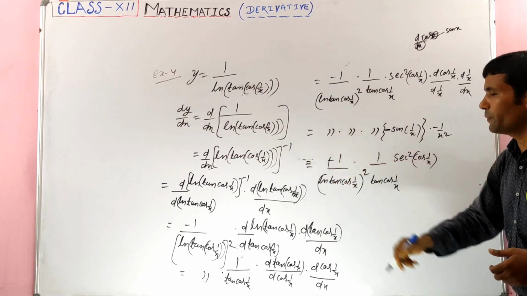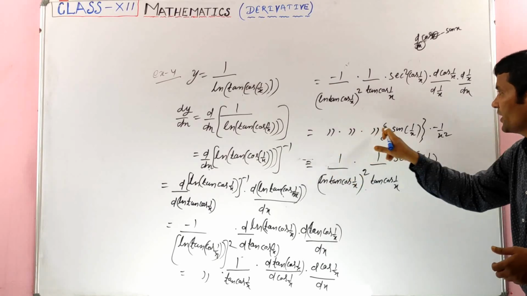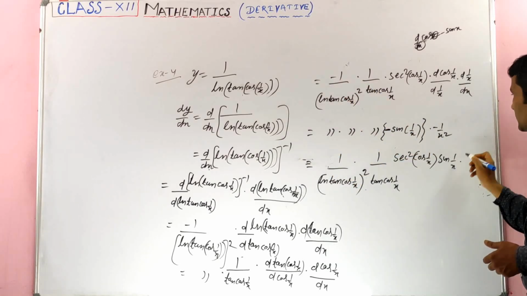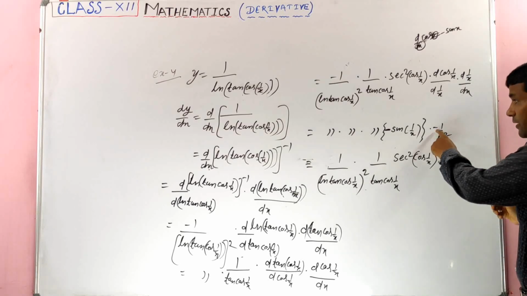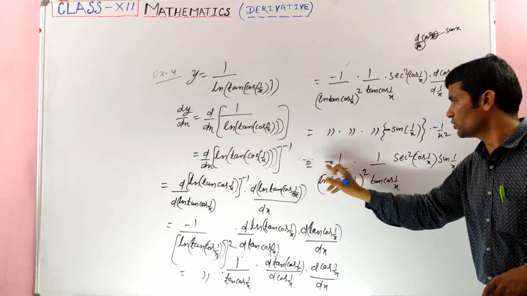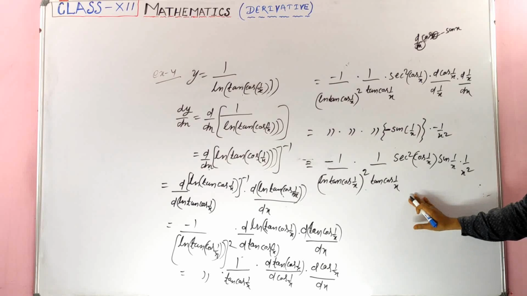There are two minuses, so it becomes plus. Therefore this is a plus, no need to write it. Here is another minus, sine 1 by x, sorry, another minus is here, so three minuses means there is a minus outside, again it is 1 by x square. The final answer is this one.